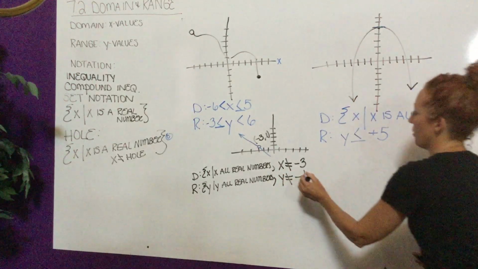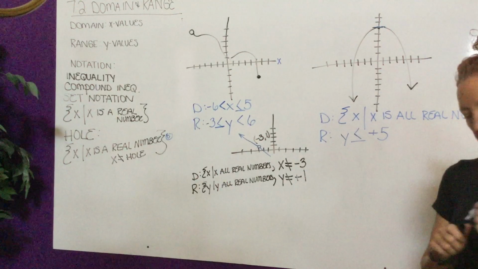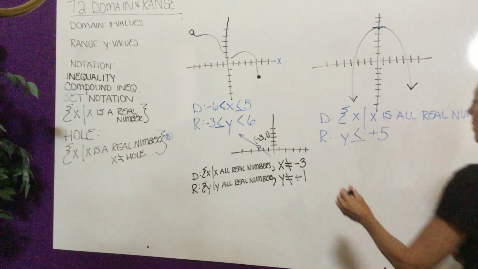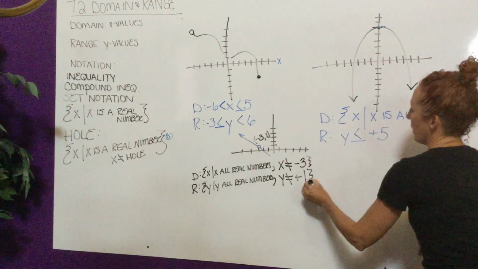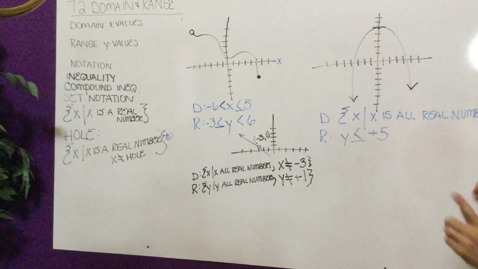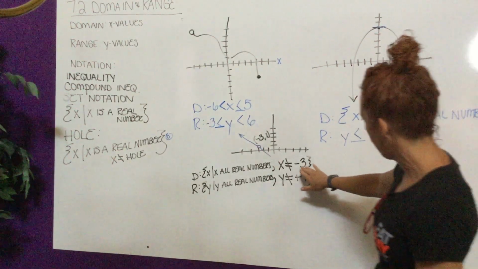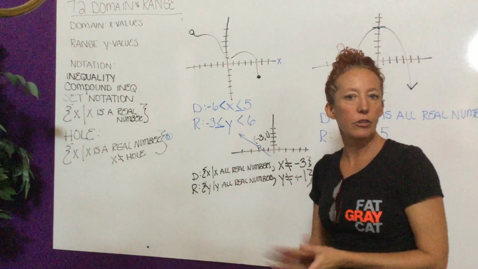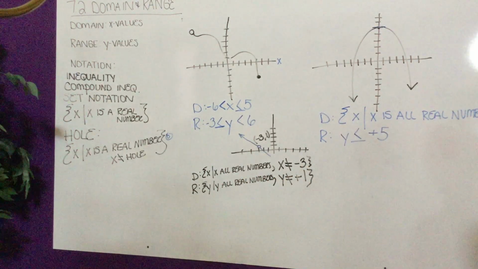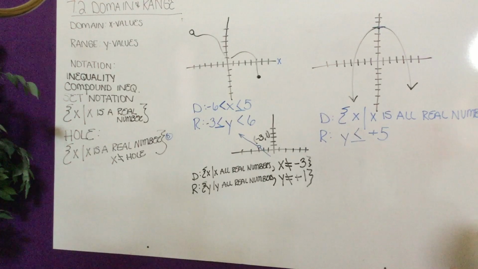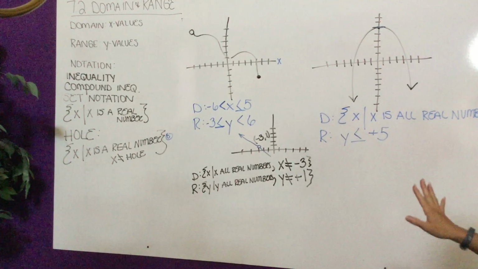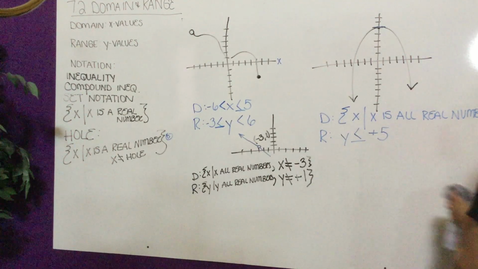Y can't be positive 1. And then we close up our set notation here. Again, you don't have to draw those. They're already in MyMathLab, and you're just putting in the other choices from what I could see when I looked at your homework. All right, so that is everything you need to know about domain and range.